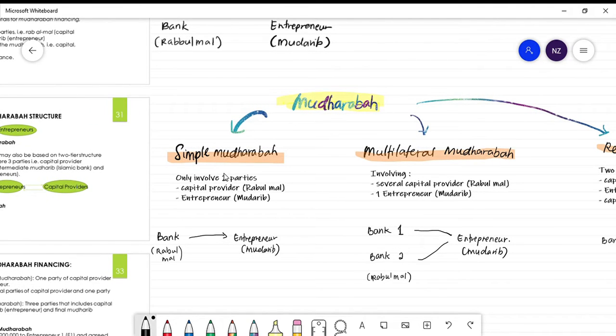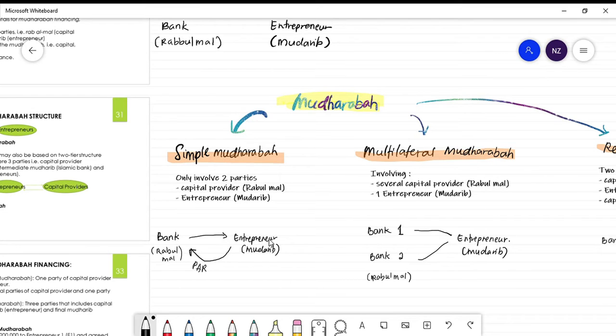The first is simple Mudharabah, where only 2 parties are involved, namely the capital provider or rabbul mal, and the entrepreneur, the Mudharib itself. So here is the structure. The bank, the rabbul mal, provides the capital to the Mudharib or entrepreneur. When the entrepreneur's project makes a profit, he shares the profit according to the pre-agreed ratio.